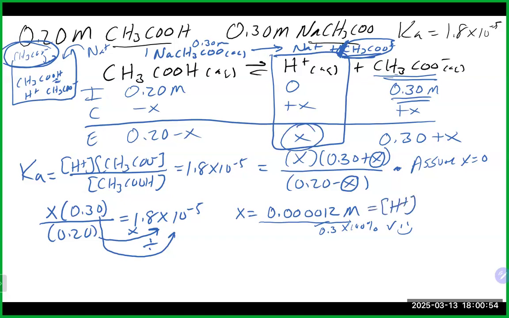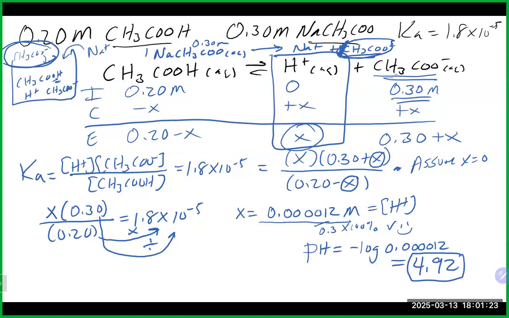And again, that is what we need here to solve for the pH, which in this case will equal minus the log of 0.000012, yielding us a pH of 4.92 in this case. Questions on that?